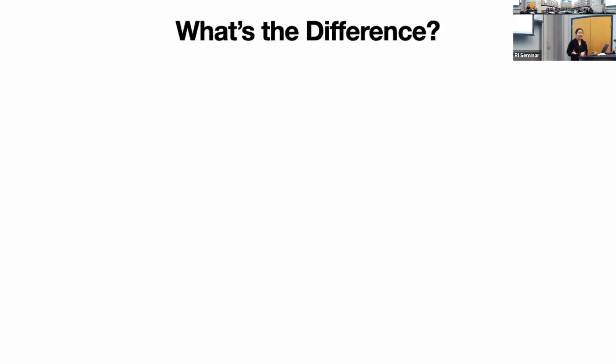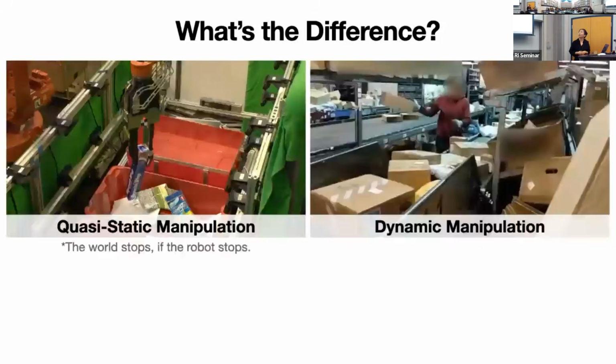So what is the difference? Fundamentally, we can categorize these two types of manipulation strategy into two categories. One is quasi-static manipulation, the other is dynamic manipulation. So what is the difference? In quasi-static manipulation, the basic assumption is that we assume the world stops as soon as the robot stops.